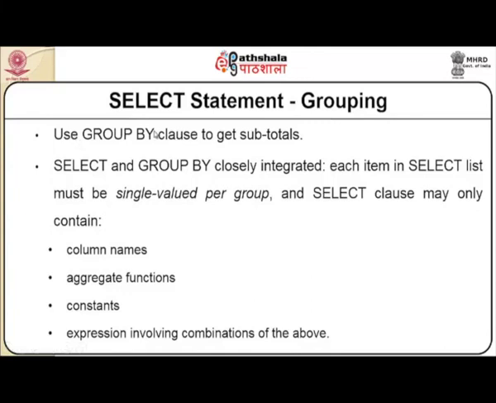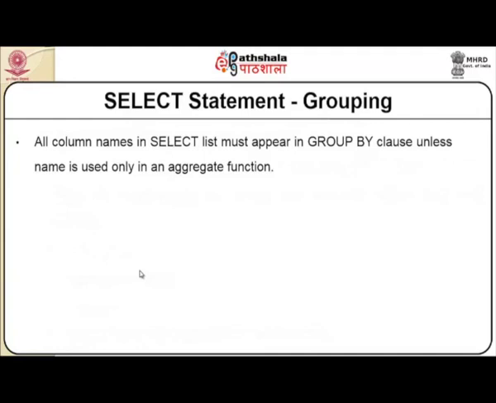Select and group by are closely integrated. Each item in the select list must be single valued per group, and the select clause may only contain column names, aggregate functions, constants, and expressions involving combinations of these. In a select statement with grouping, all column names in the select list must appear in the group by clause unless the name is used only in an aggregate function.